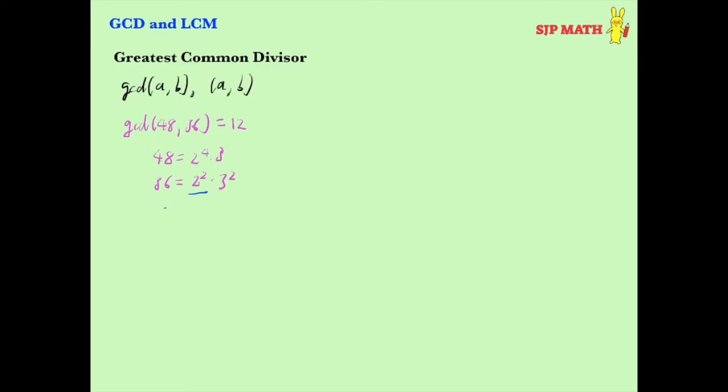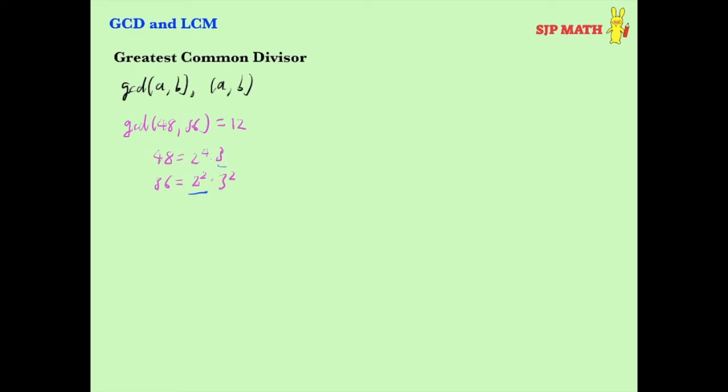For the 3's, similarly, we want the greatest common divisor to divide both numbers, and we want it to be the largest number. There's 1 3 here and 2 3's here. So we want to have 1 3, the minimum between these two, because we want the number of 3's in the GCD to go into both of these numbers.